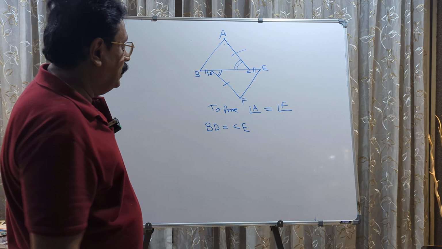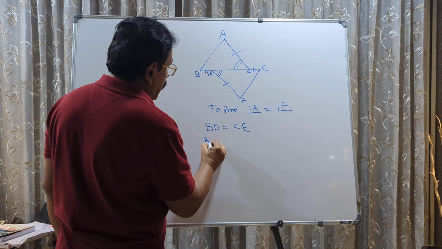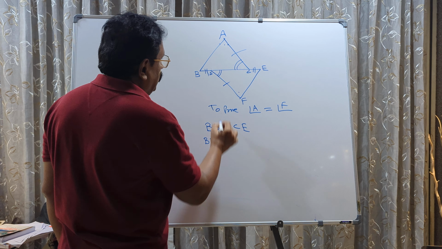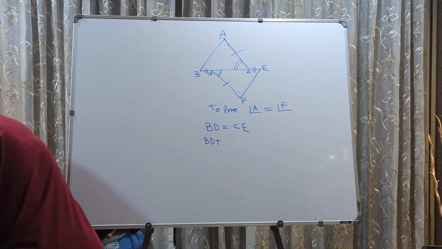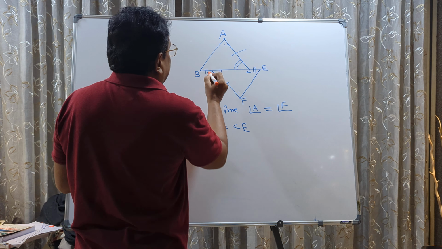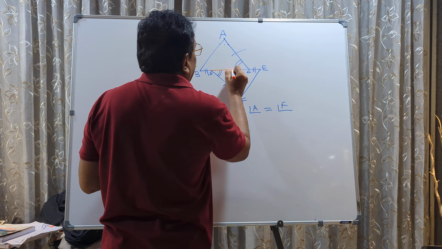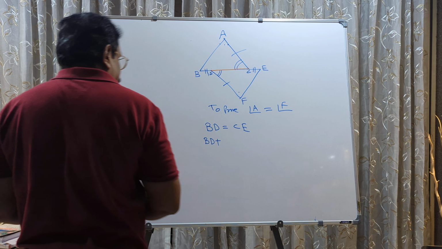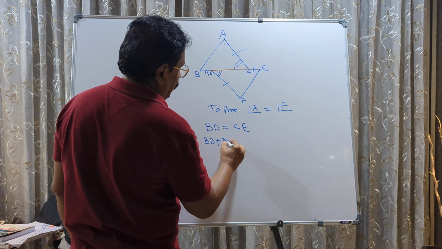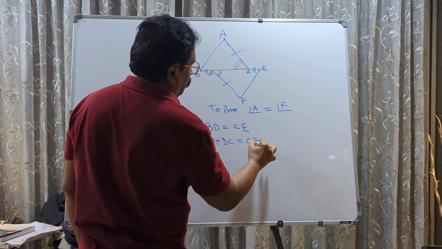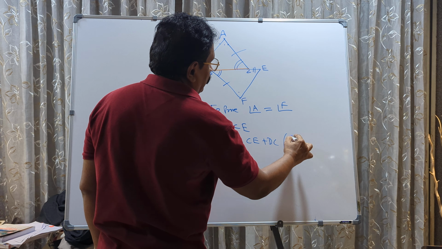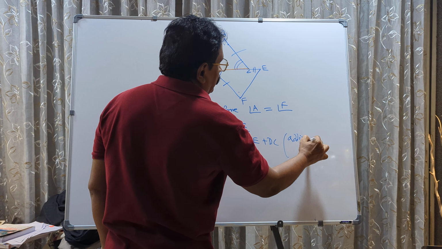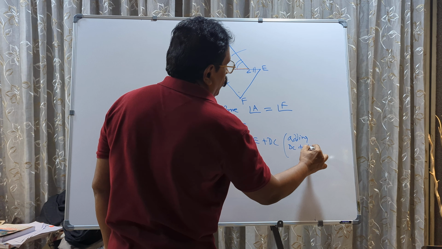BD is equal to CE. Now I'll add DC, this extra piece, to both the sides. BD plus DC is equal to CE plus DC. Reason will be adding DC to both the sides.